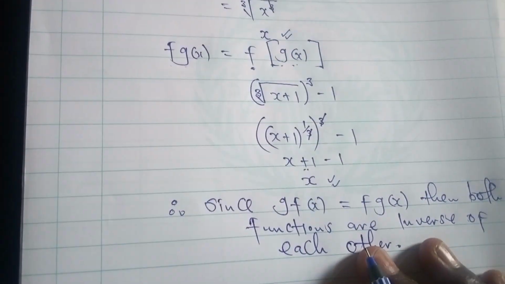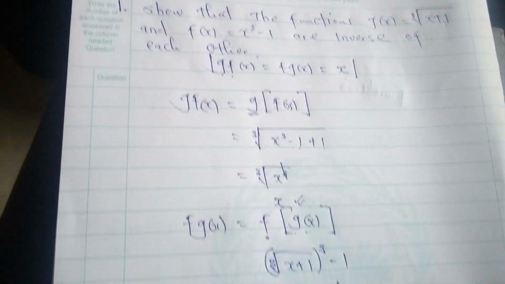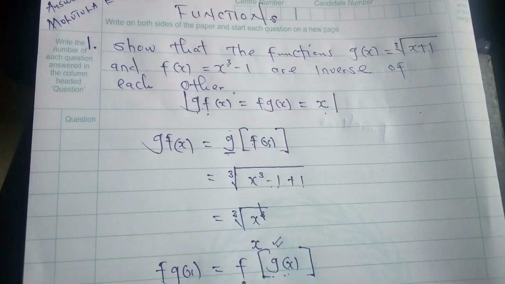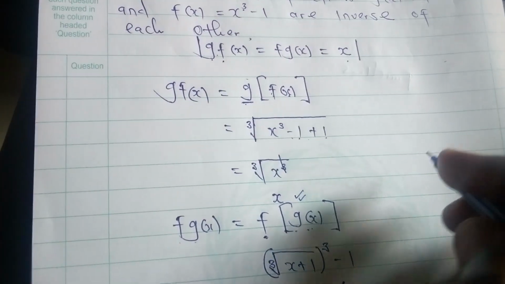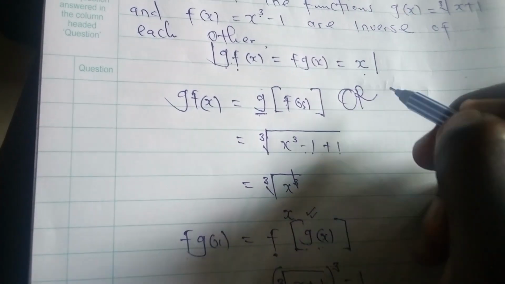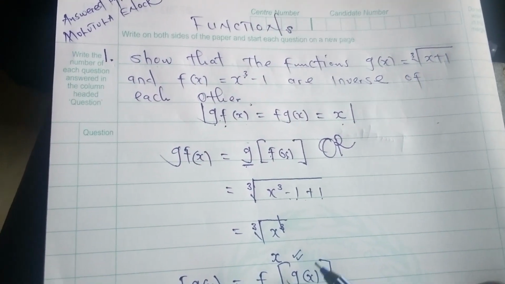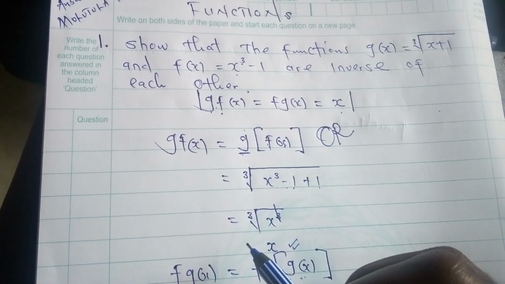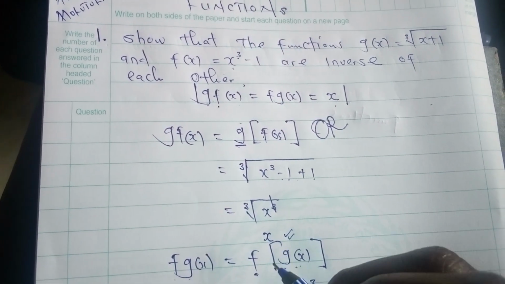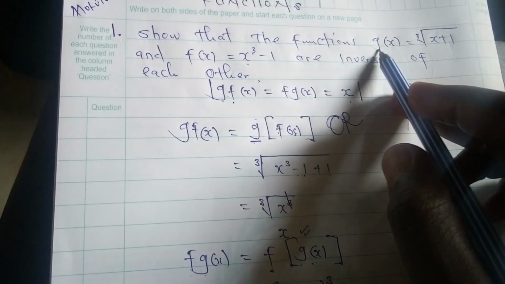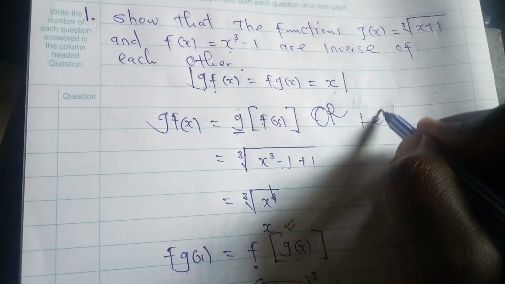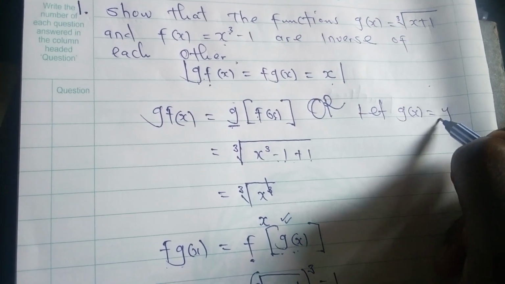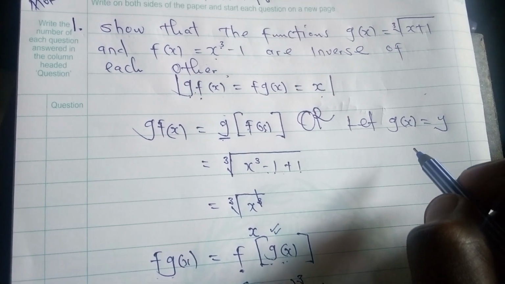Now there is another method you can use to show that two functions are inverse of each other. What you do is get one of these two functions and decide which one you are going to find the inverse of. I'm going to get g of x and say let g of x equal y, and then find the inverse of that.